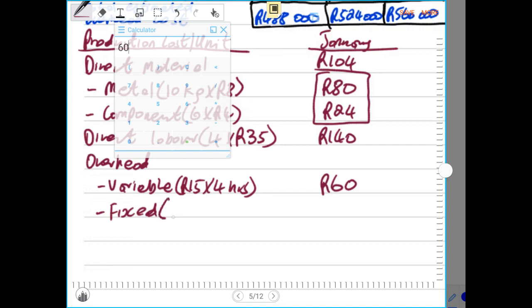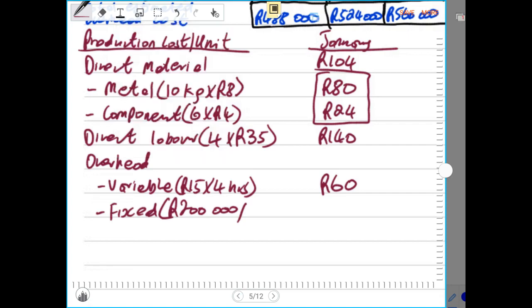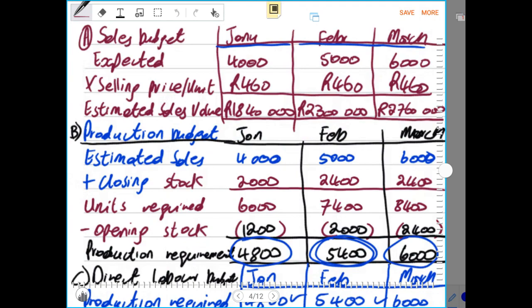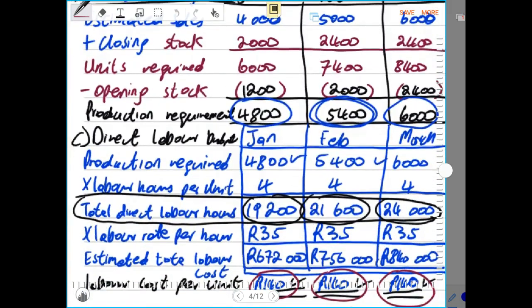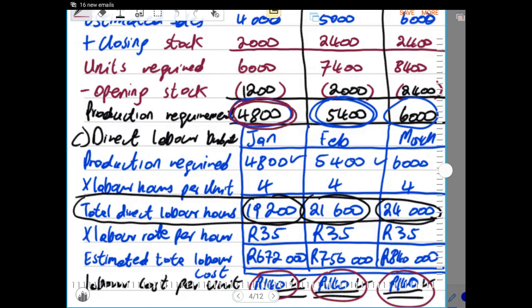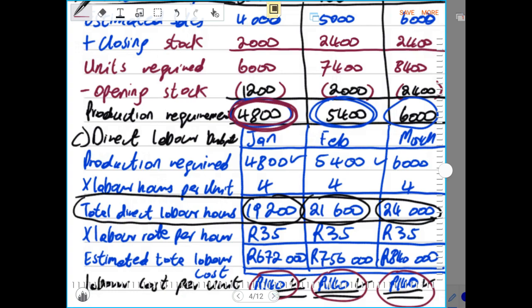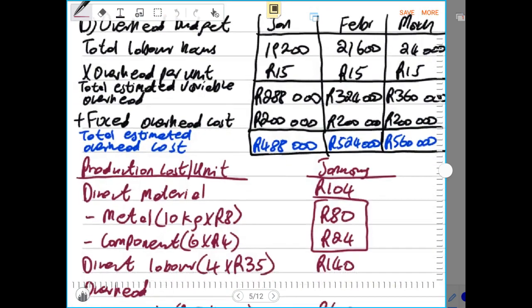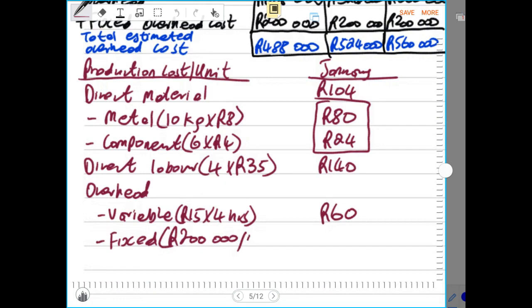Then there was a fixed portion, and fixed overheads were 200,000 per month. We divide this by the number of units that need to be produced in the month of January. Our production required for January is 4,800 units. So we divide the total fixed cost for the month, 200,000, by 4,800 units.